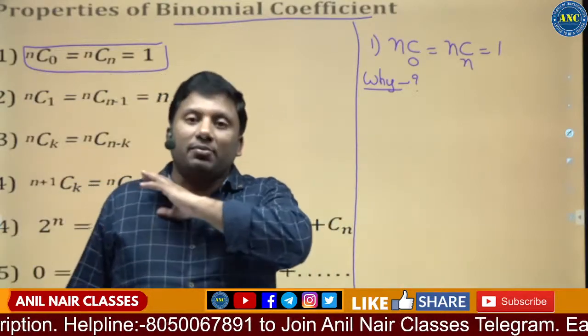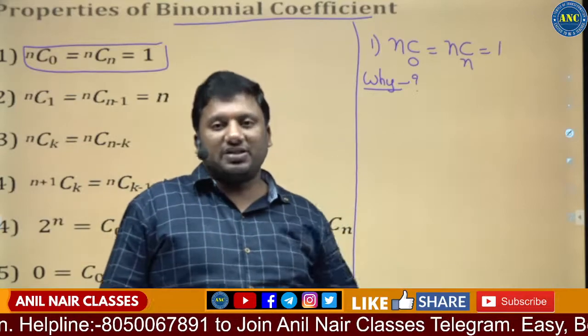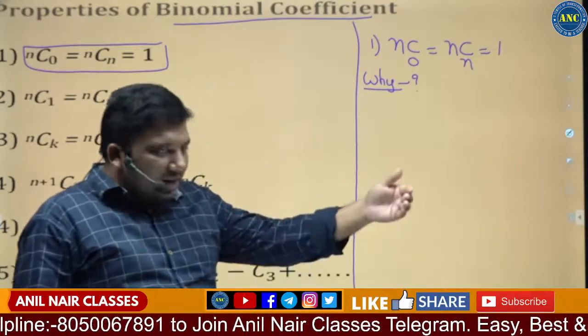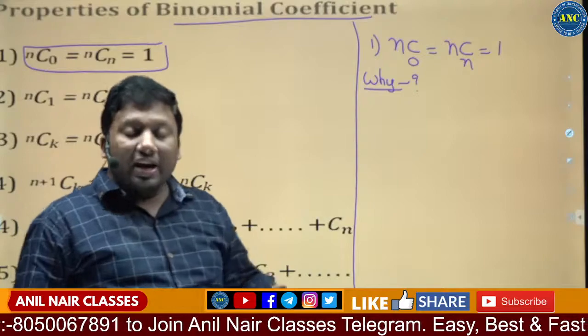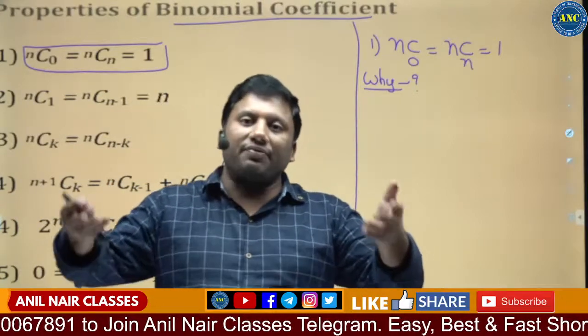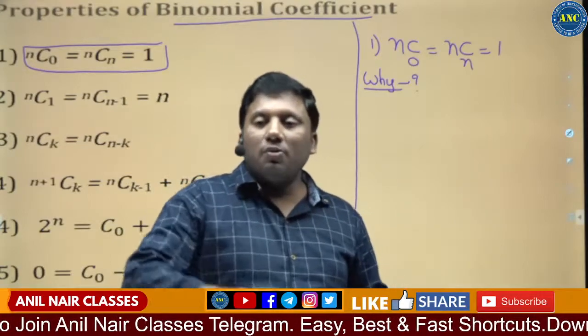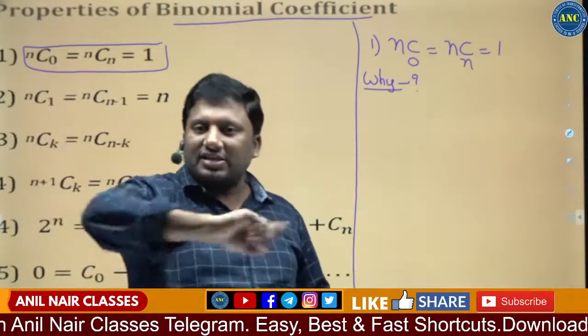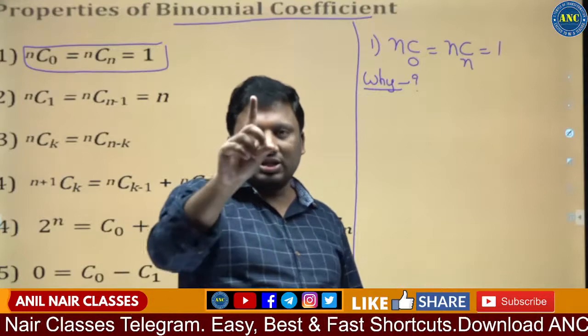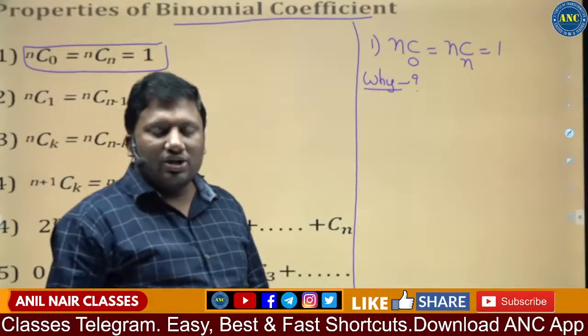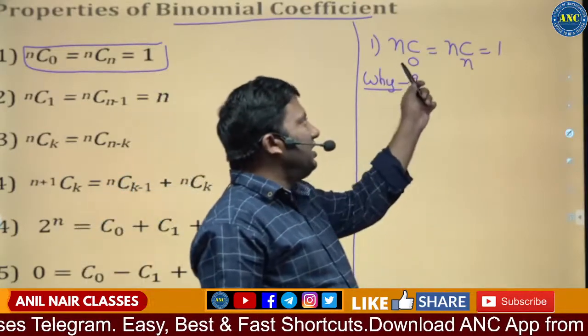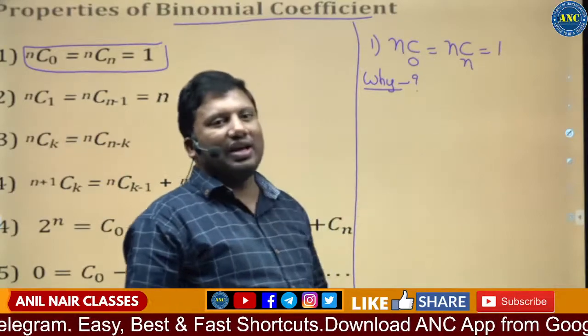None of them got greater than the required percentile. None of them fit the criteria and I exited the class. In how many ways can I reject all the students sitting in the class? There is only one way. NC0 equivalent to NCN equivalent to 1.